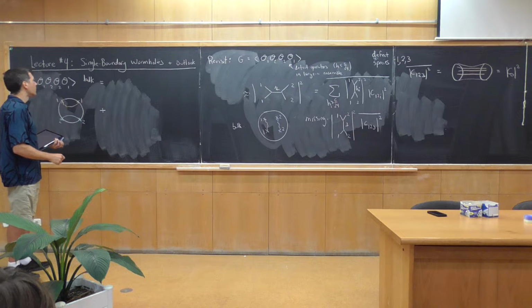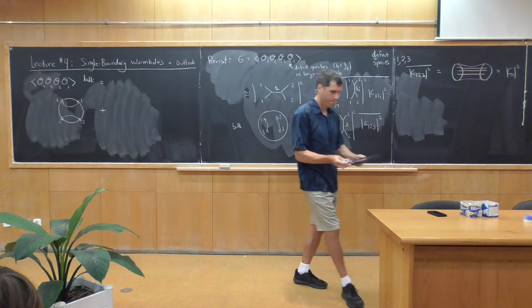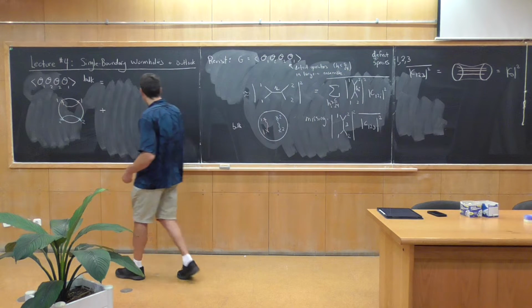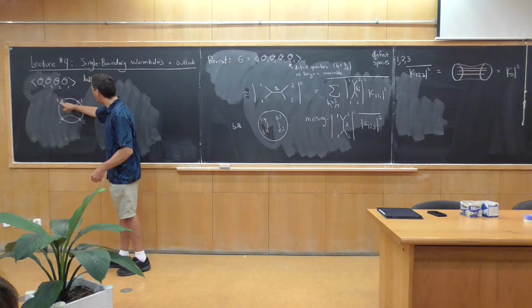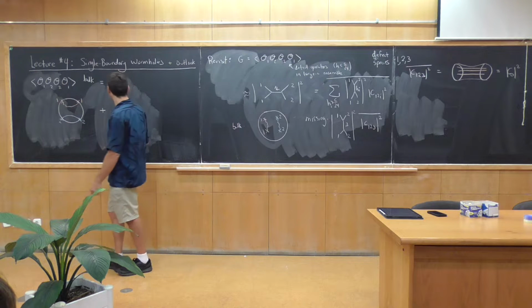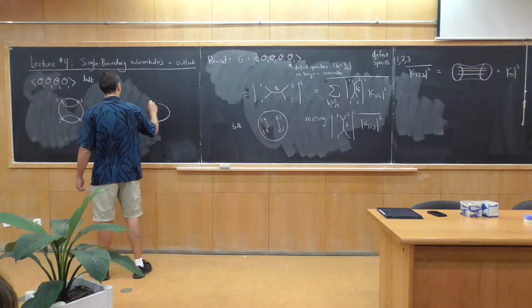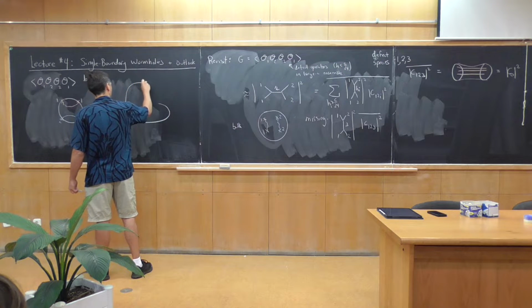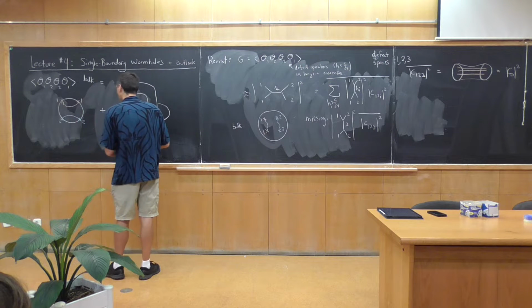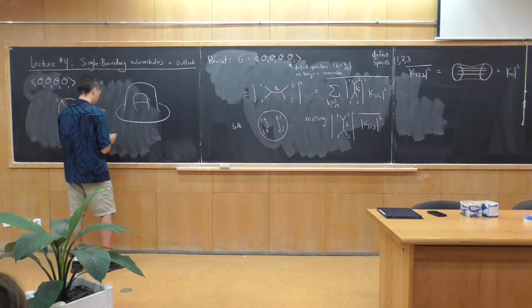Okay, so the other term should have the same boundary conditions. So we should have the operators 1, 1, 2, 2 inserted, and there should be a single AdS boundary. And we can draw such a contribution like this. Okay, so it's the same boundary conditions.